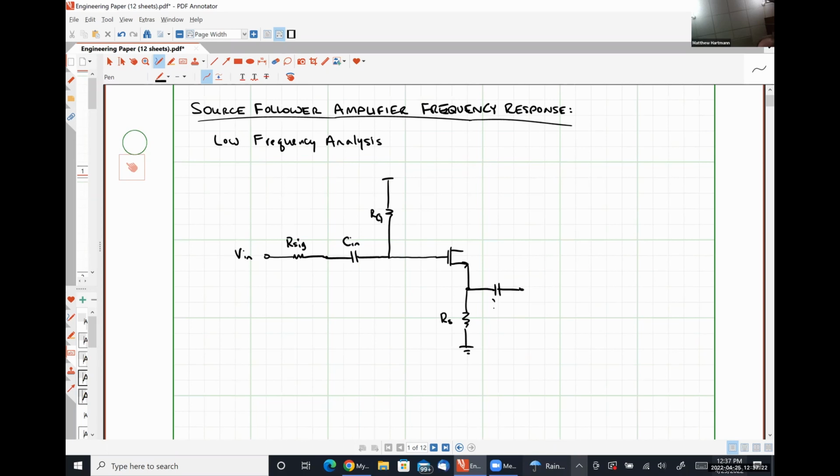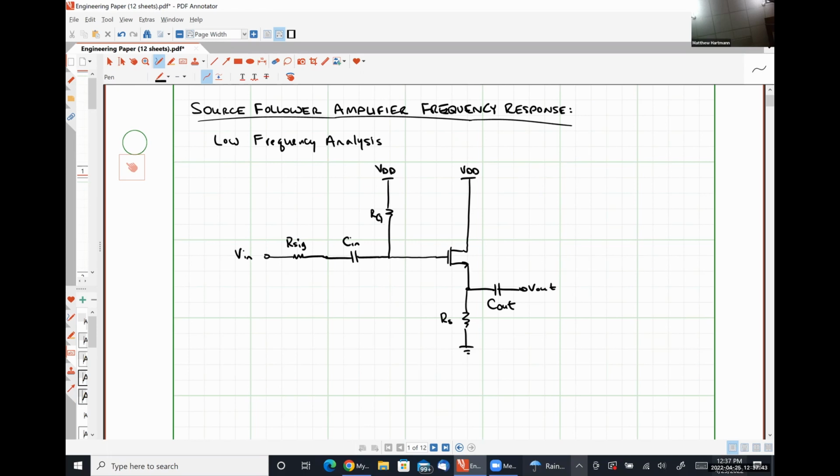Coupling capacitor for our output, so I'm going to call this C out. Here is V out. And then VDD and VDD. Okay.